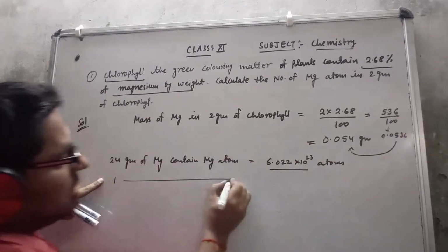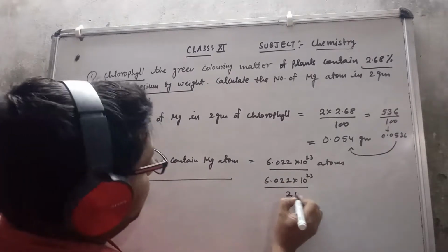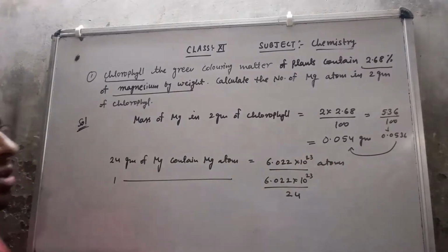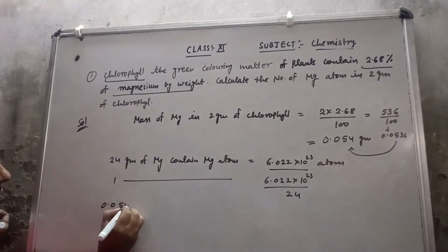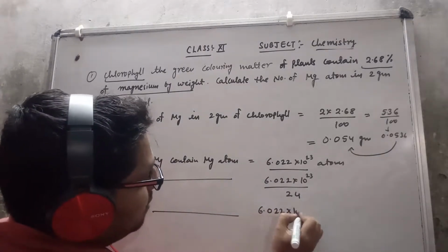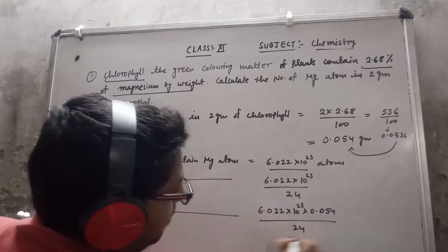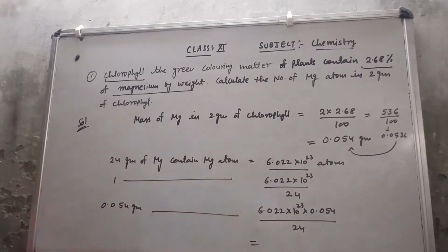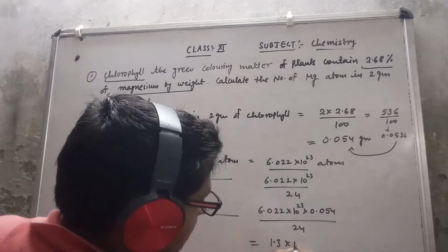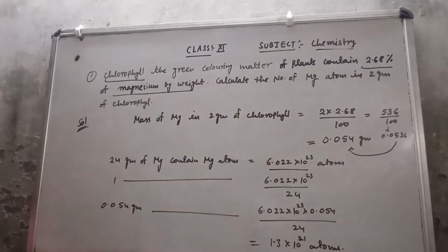So 1 gram of magnesium contains 6.022 into 10 raised to the power 23 upon 24. In how many grams they are asking? 0.054 gram. So this is 6.022 into 10 raised to the power 23 multiplied by 0.054 upon 24. If you solve it by calculation, you are getting 1.3 into 10 raised to the power 21 atoms. So this is the other way to solve the questions. I hope you understand this question also.